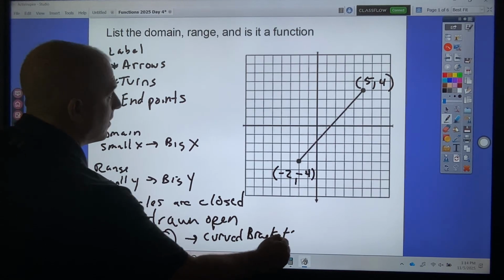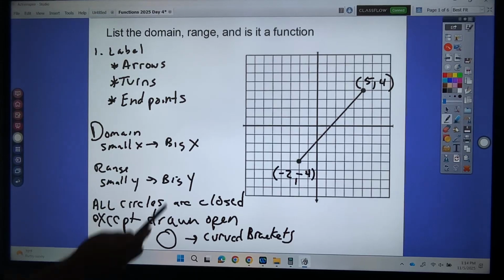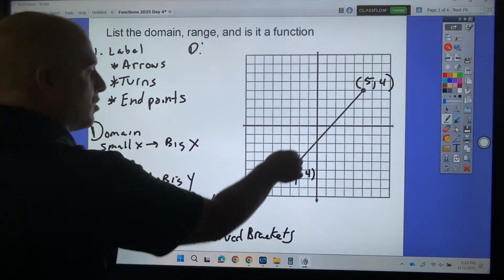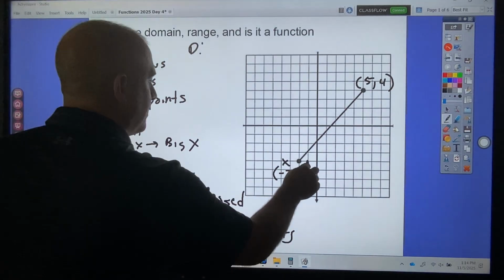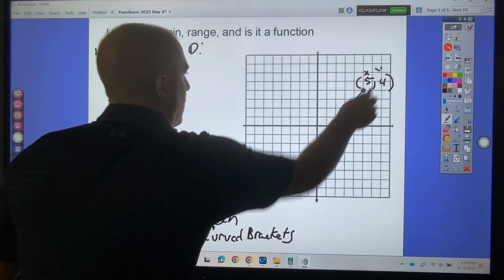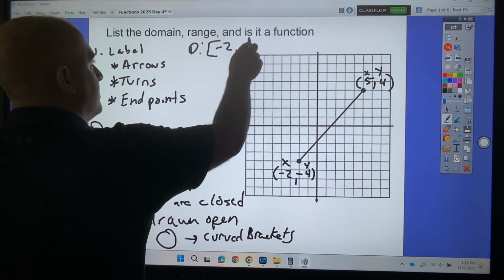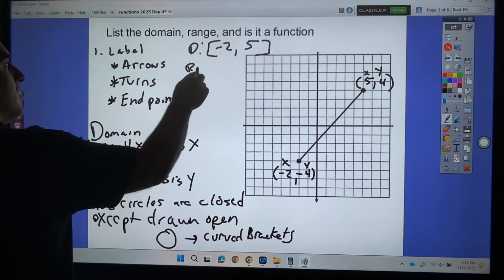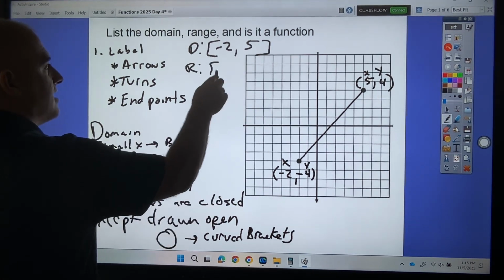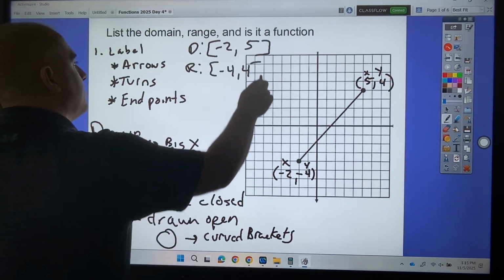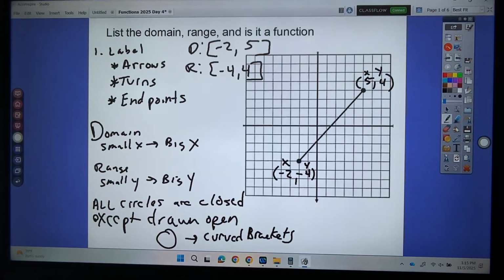Okay? All right? So for this one, these are both closed. So my smallest x is -2. Biggest x is 5. So that's the domain. The range, my smallest y is -4. My biggest is +4. So that is my domain and range.